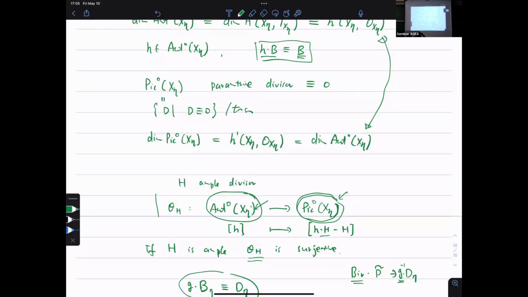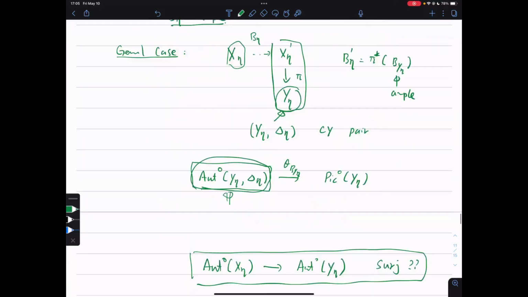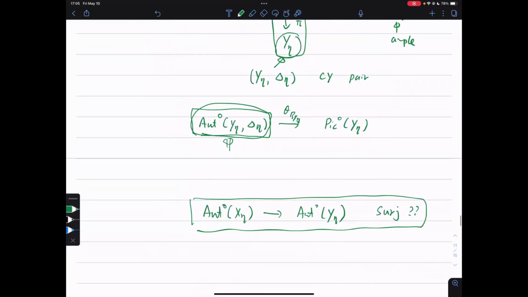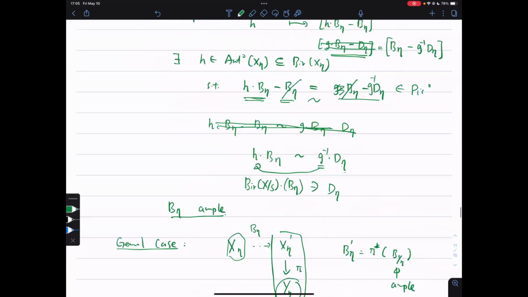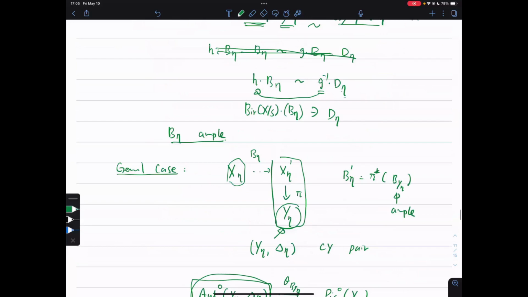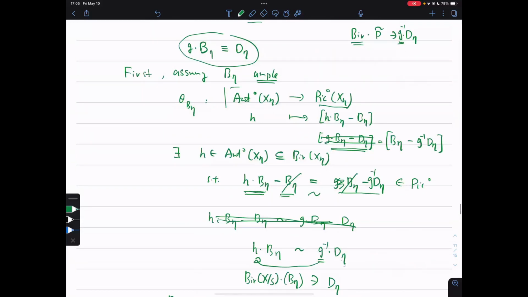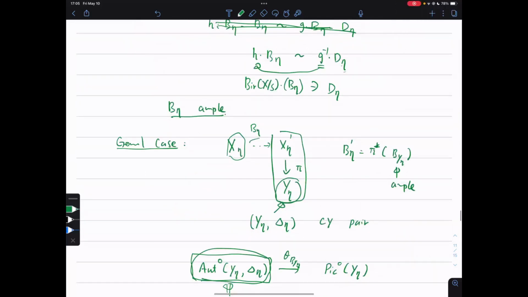And why did you talk about this isotrivial theorem? Isotrivial is used for lifting, because in the general case, we don't have this surjective map. It's no longer surjective if D_eta is not big. So we run the minimal model program to get a fibration, and on the base, we get an ample divisor.